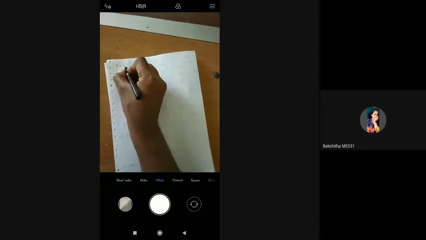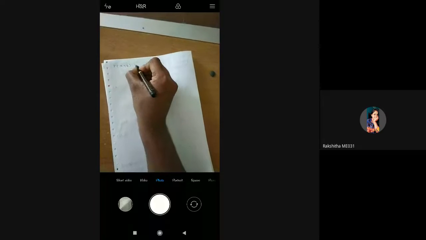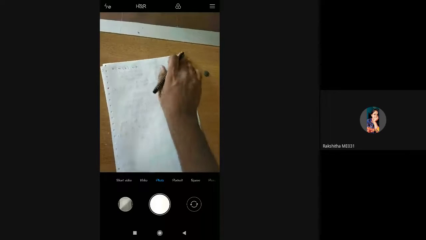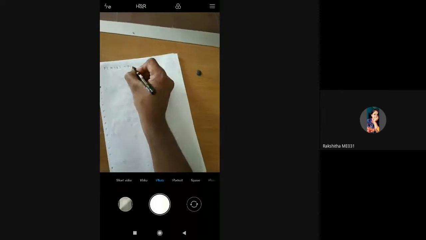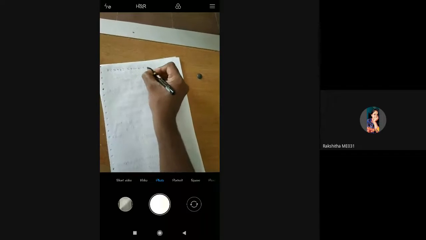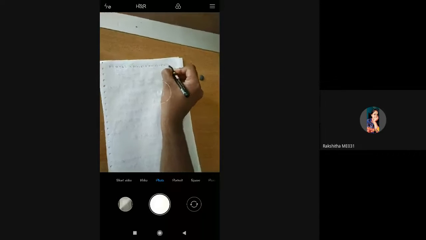So at least two heads, that is P of x. At least means greater than or equal to 2. What all values are there? P of x is equal to 2 out of 4 plus P of x is equal to 3 plus P of x is equal to 4.